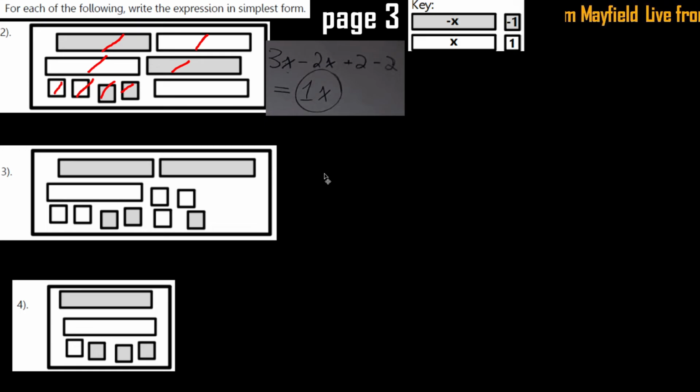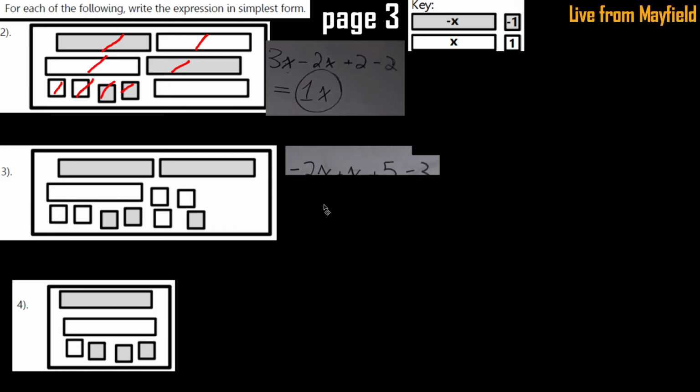Same idea with number 3, as 2 negative x's, a positive x, 5 ones, and 3 negative ones. Again, be able to cancel those out. I have a negative and a positive, negative and a positive, negative and a positive.